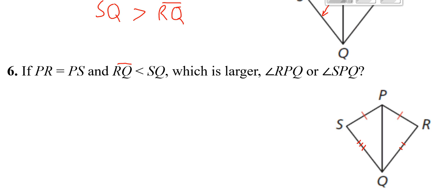So I look for the larger side length, which was SQ, so the larger angle is going to appear opposite of that side. So that angle SPQ is larger than angle RPQ.